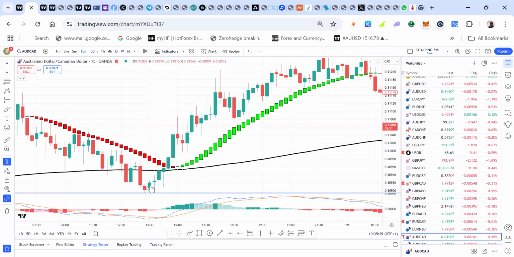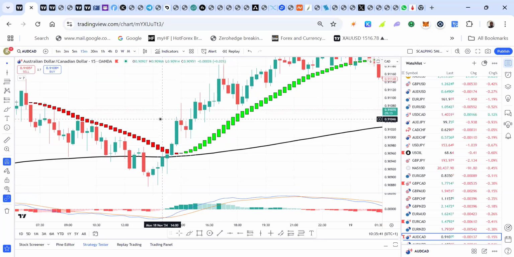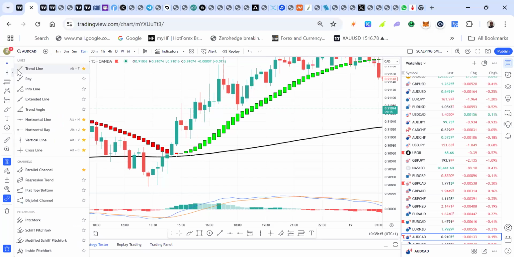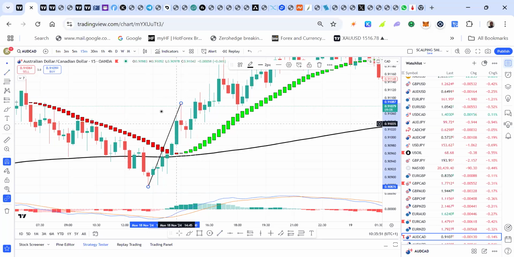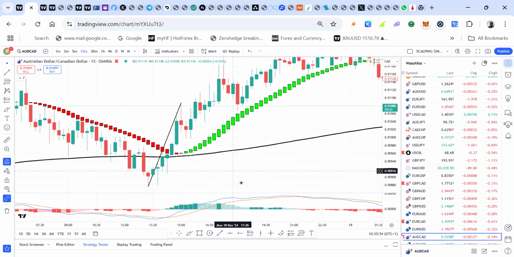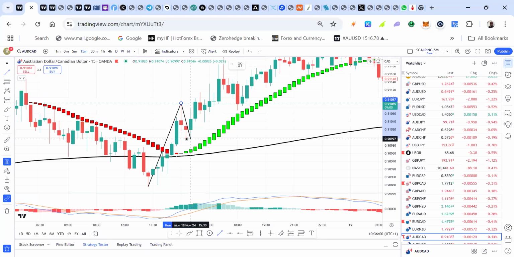So this was the impulse move. This is an impulse move to the upside. Then this was the pullback. So you are looking for this pullback to happen.